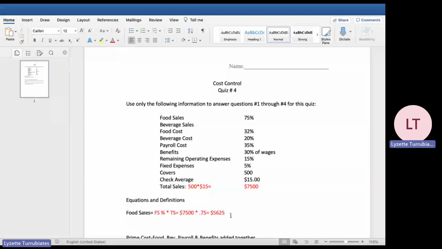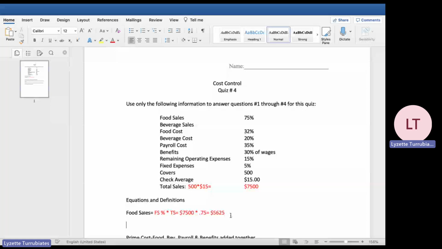Okay, now that we have food sales, we need to figure out our beverage sales. I'm going to give you another little formula so it's easier to remember: beverage sales.